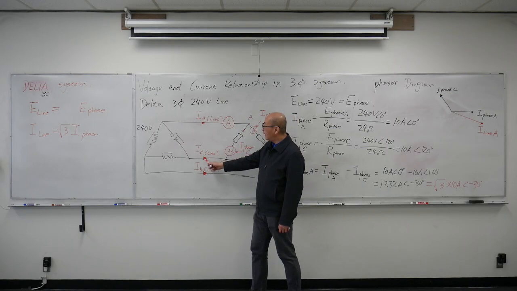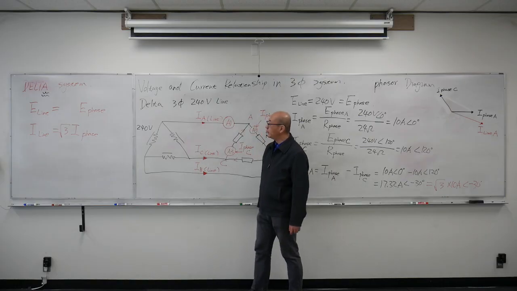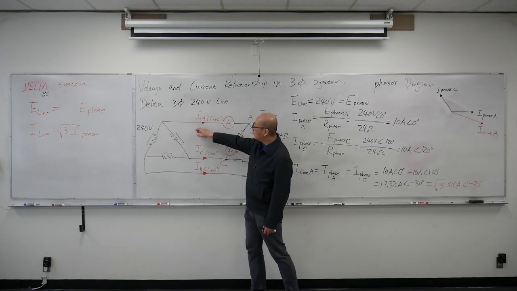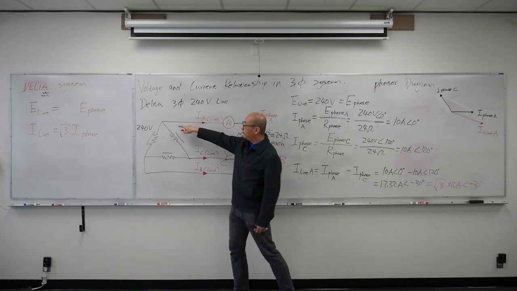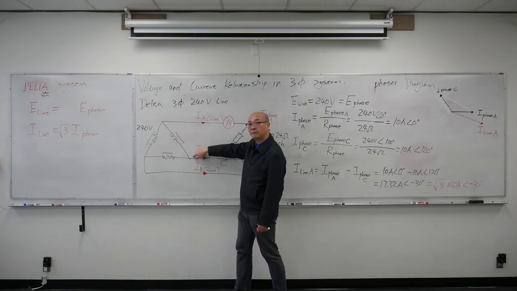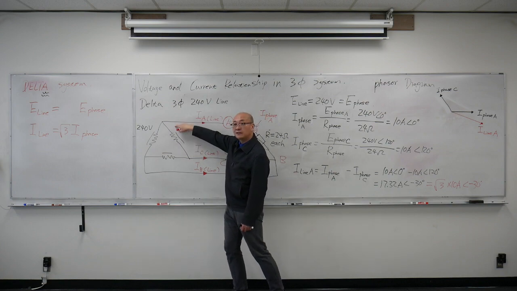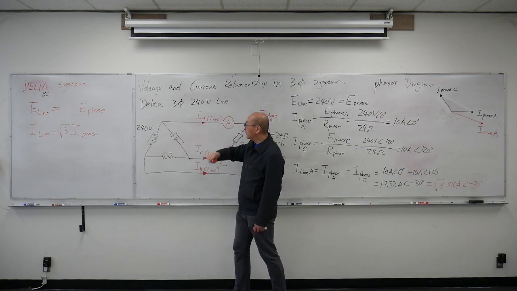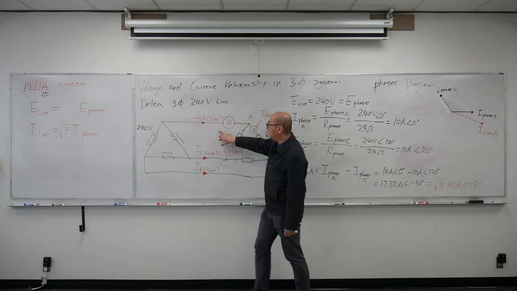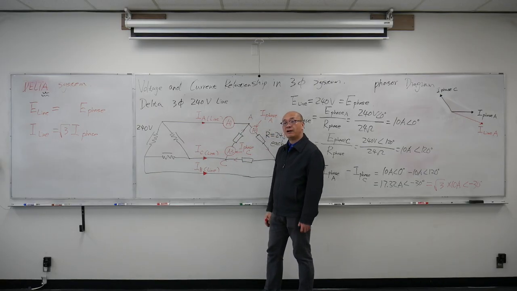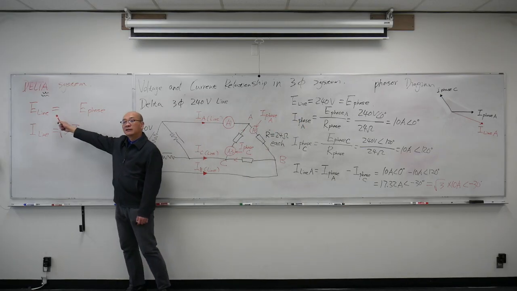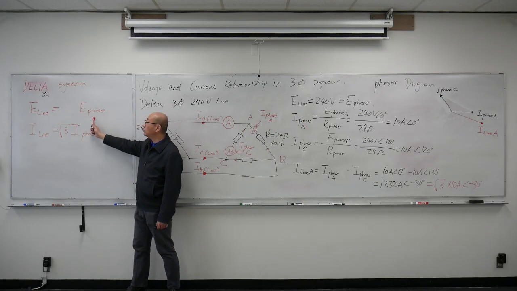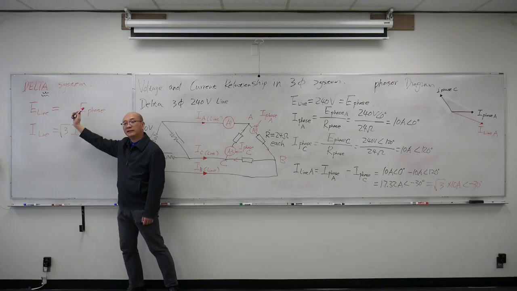Because each of the lines is connected through my generator's coil in parallel, this line voltage from line A to line C will be the same as the phase voltage from my generator, these 2 points. So this phase voltage and the line voltage are in parallel. We know in a parallel circuit the voltage will be the same. So I have the relationship: the line voltage is equal to the phase voltage in a delta system.